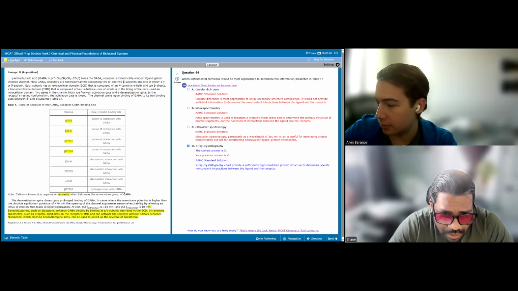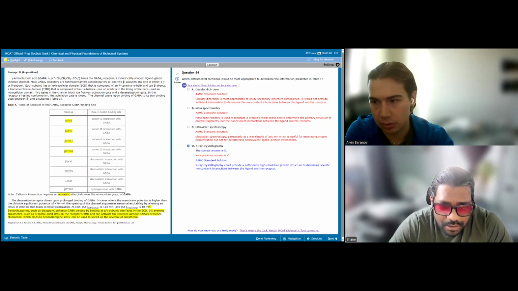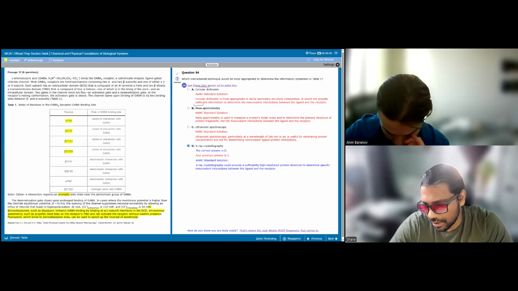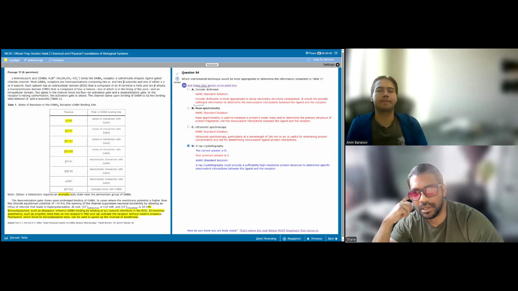Okay. We go to B. So yeah, X-ray crystallography is a way to get a three-dimensional molecular structure from a crystal.